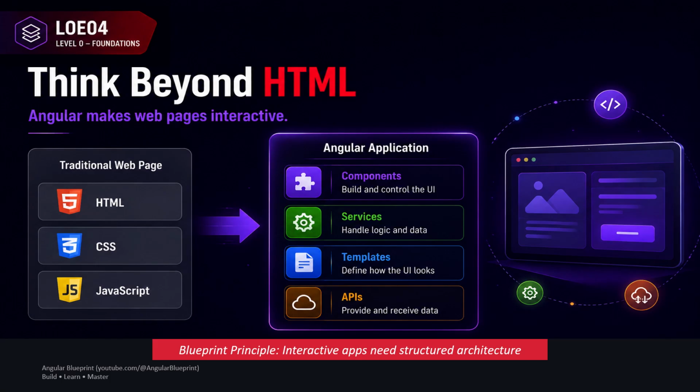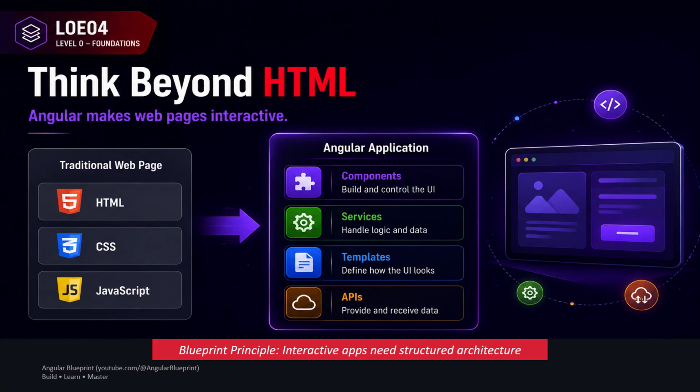When most of us start learning web development, we begin with three technologies: HTML, CSS, and JavaScript. That's enough to build simple websites, but think about applications like Gmail, Netflix, or Amazon. Those applications are constantly responding to user actions, loading data, updating the screen, and communicating with servers.